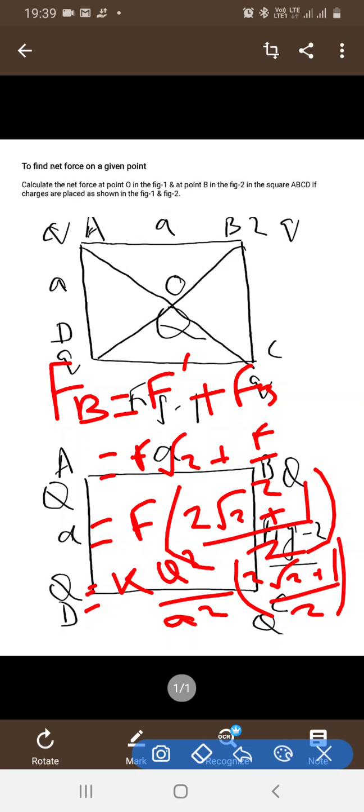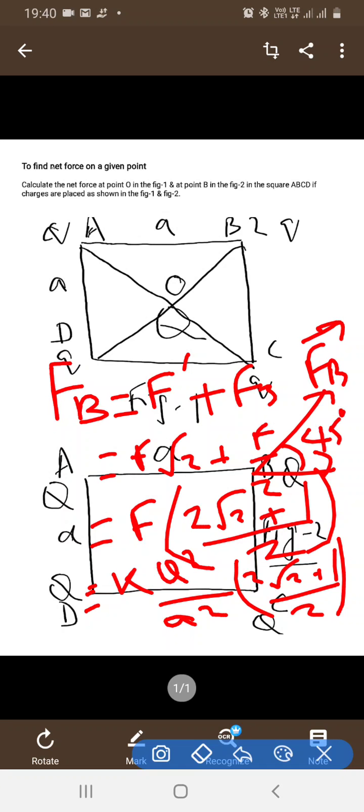This is the magnitude of net force acting at B, and the direction will be 45 degrees from the vector F1, net force direction along this direction, making an angle of 45 degrees. This is vector FB, the net force, and the direction is 45 degrees.